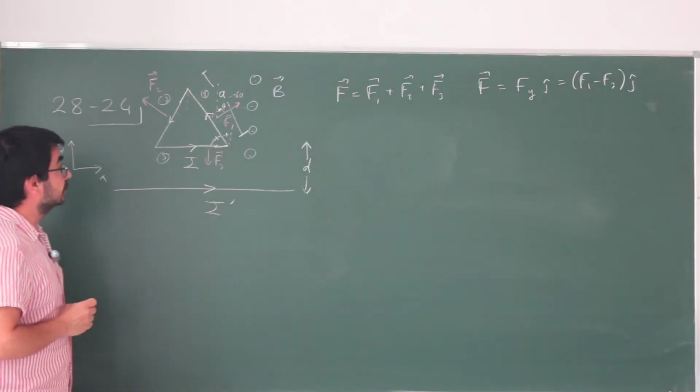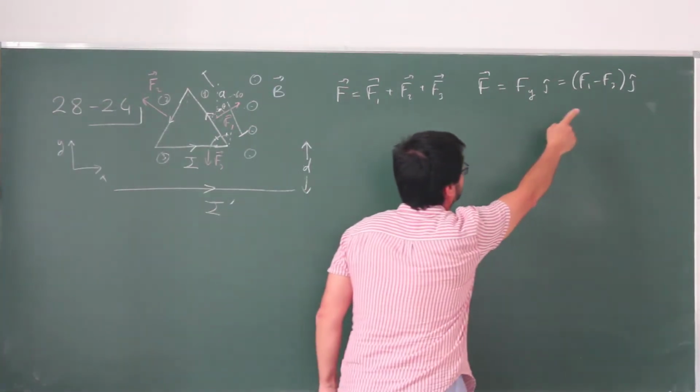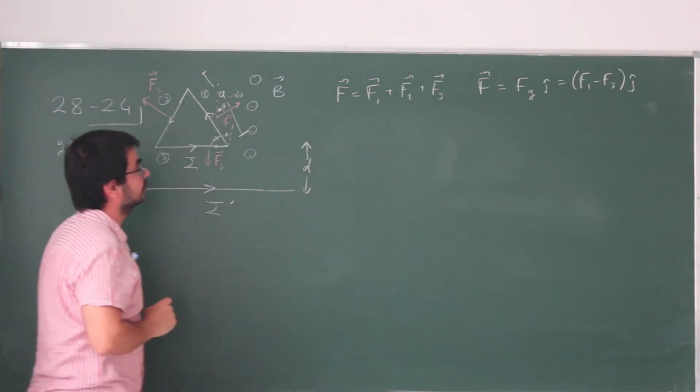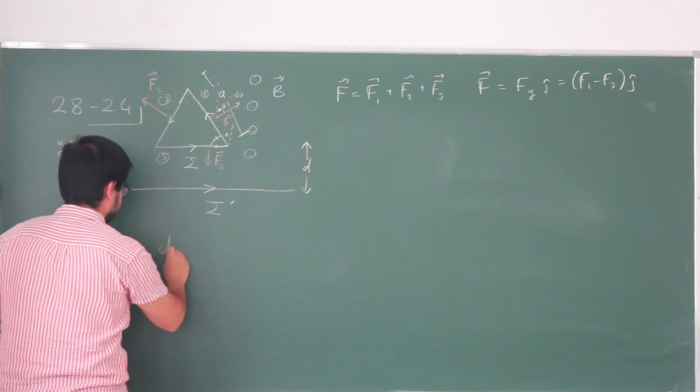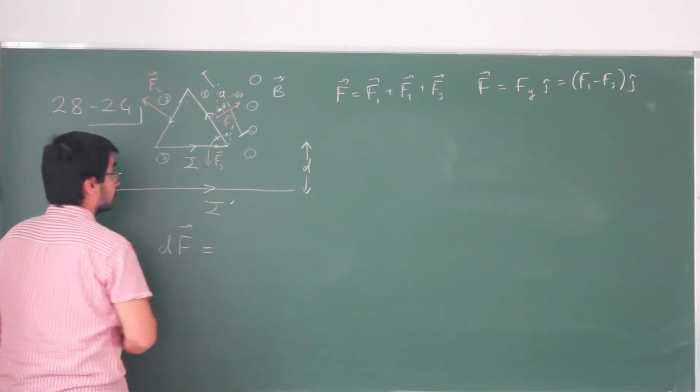Okay. Now our task is to calculate this F1 and F3, and it's a little bit easier to calculate F3, so I will start with that one. Now what we're going to do is to utilize this formula.